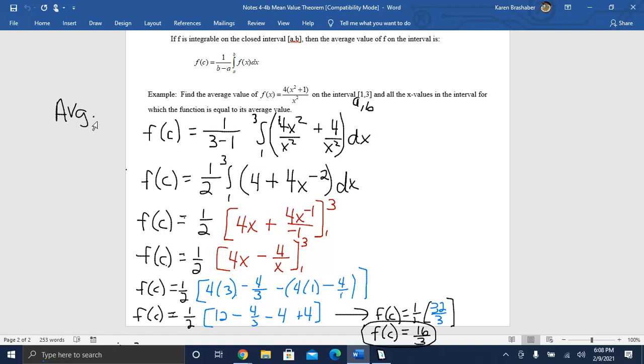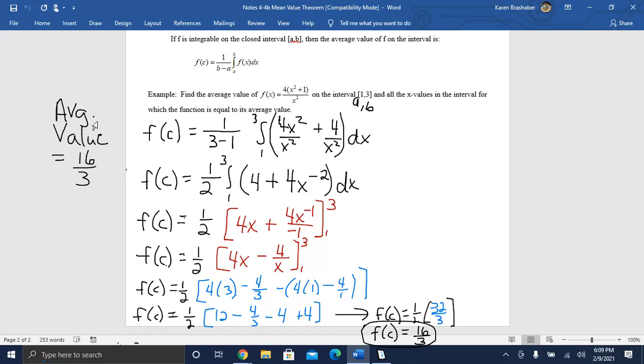The average value of the function is 16/3. Remember that average value is your f of c. So 16/3. All right, then we're also asked to find all the x's where that average value occurs.